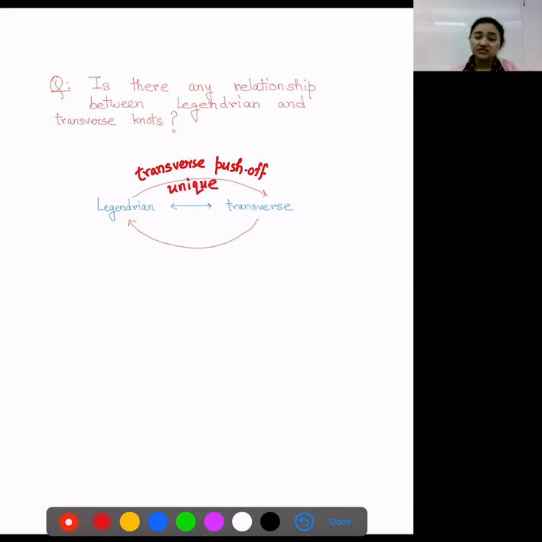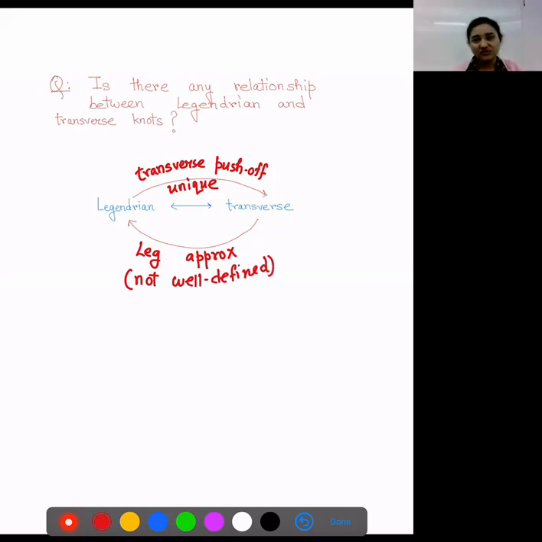On the other hand, if we have a transverse knot, we can apply Legendrian approximation, which will give us a Legendrian knot. But unfortunately, this Legendrian approximation operation is not well defined. So for the same transverse knot, we can have lots of Legendrian approximations.